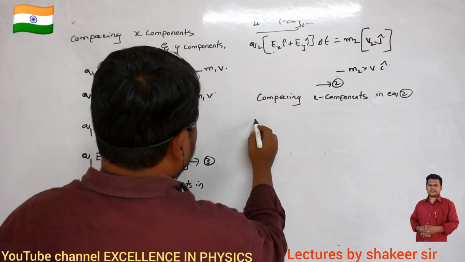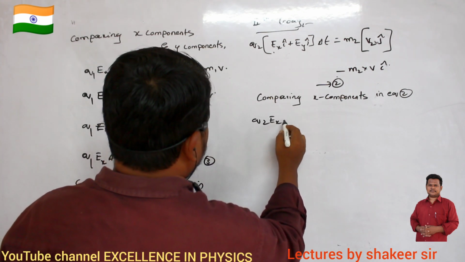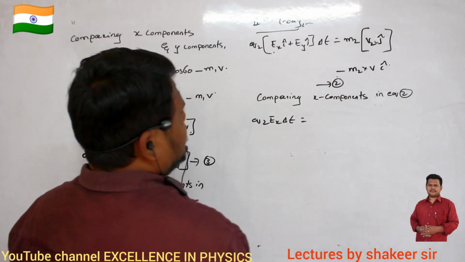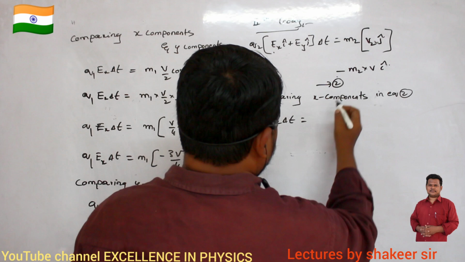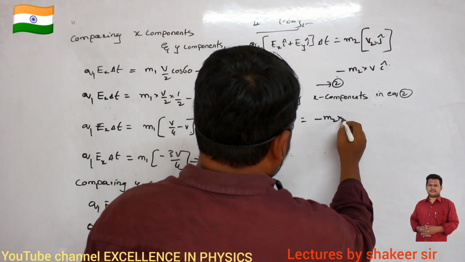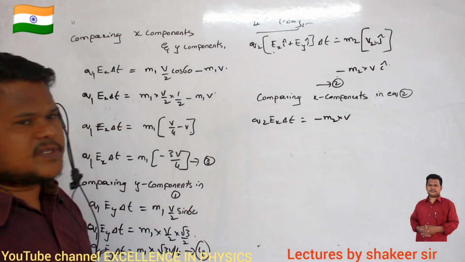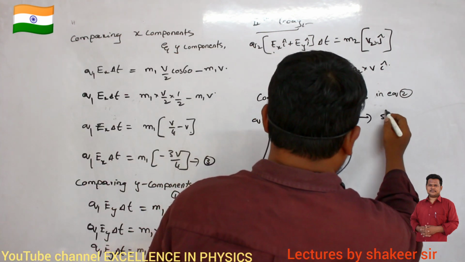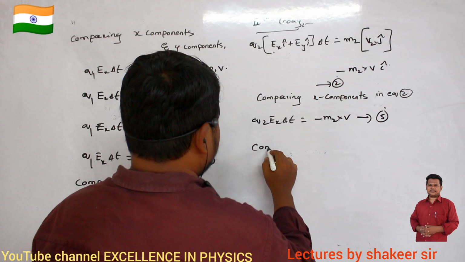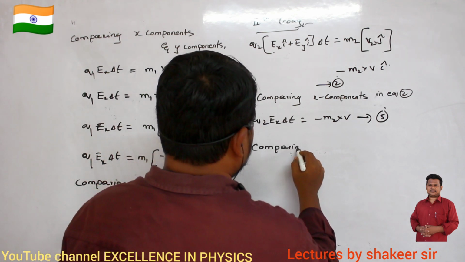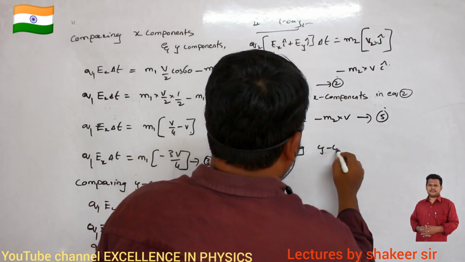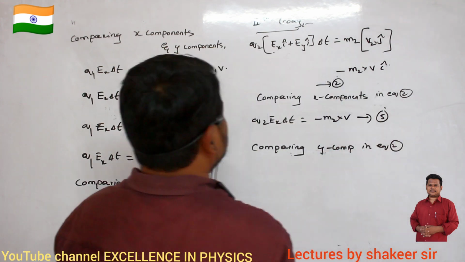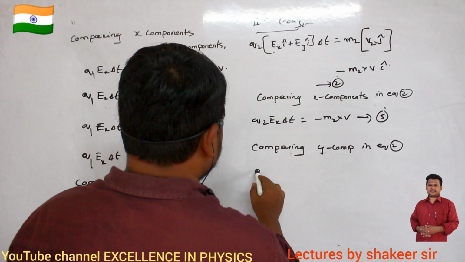The x components are Q2 Ex into delta t is equal to, only one x component is present, minus m2 into v. This is the only x component which is present. Are you able to understand? So let it be our equation number 5. Then comparing y components in equation number 2. What are the y components which are present?